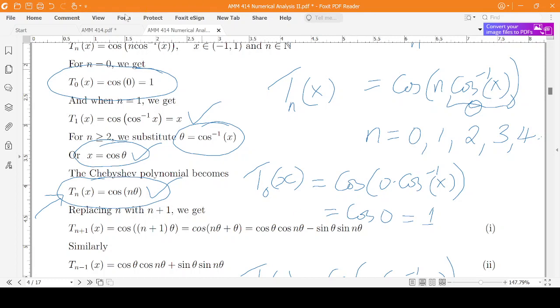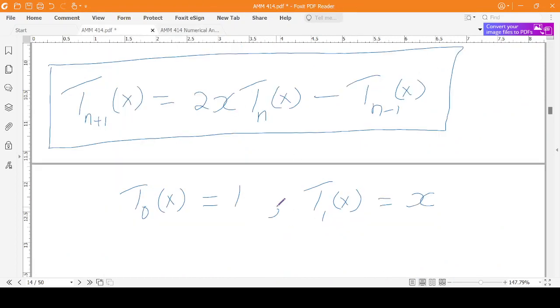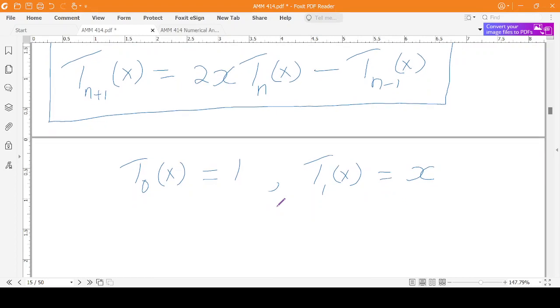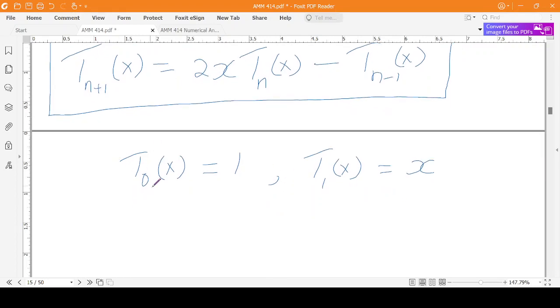Remember, we had seen T0 of x is equal to 1 and T1 of x is equal to x. So we can consider the case where n is 2. We have 0 and 1, so we want to go to T2. So if n plus 1 is 2, then it means that n is 1. So we consider the case where n is equal to 1, so that n plus 1 is equal to 2, and n minus 1 is equal to 1 minus 1, which is 0.